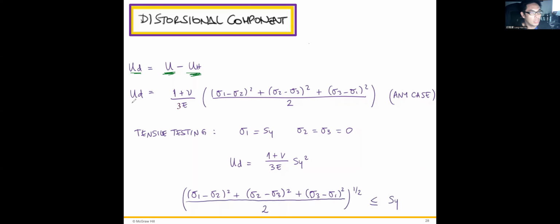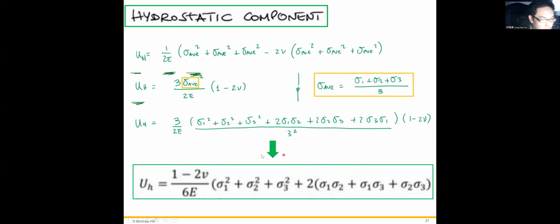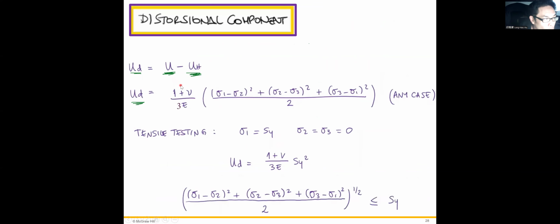Therefore, the UD, you can plug in, you can use this equation minus this equation. Therefore, you will get this equation.